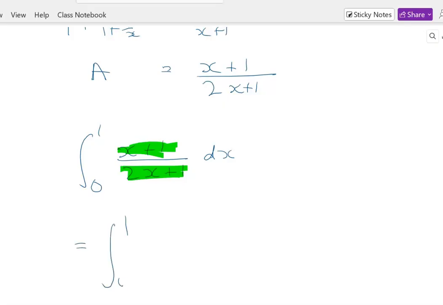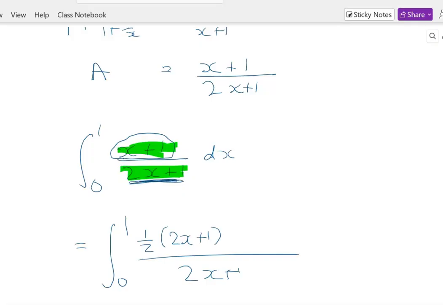So we're going to have the integral from 1 to 0, and then we've got a half of 2x plus 1. So what I'm trying to do here is match up the x plus 1, but I'm forcing in a multiple of 2x plus 1. The reason I've got a half is because I'm trying to match the x, and I've got a 2x.